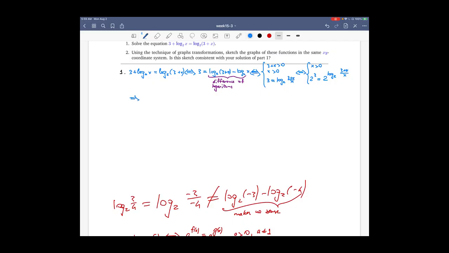So this gives us an equivalent system, x greater than 0, and also 8 equals 3 plus x over x. Now, because x is not 0, x is positive, we can multiply by x in this equation, both sides, to get 8x equals 3 plus x.